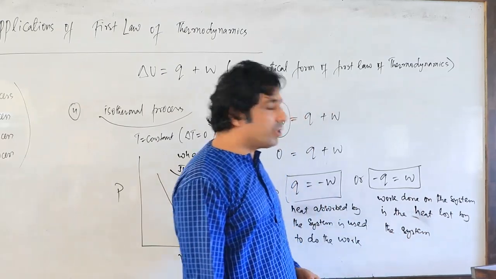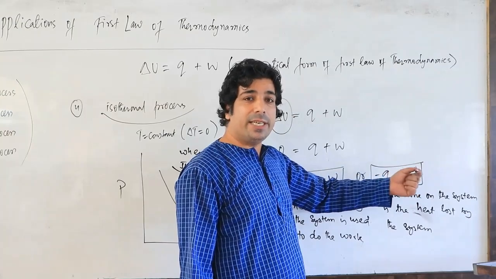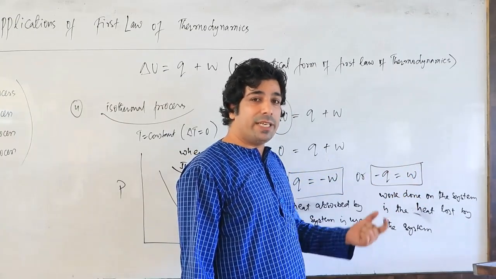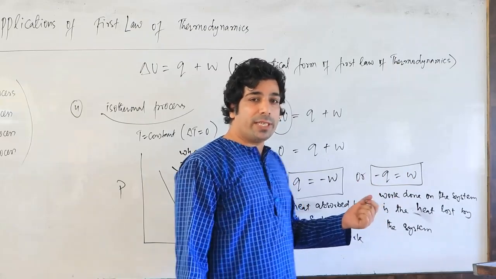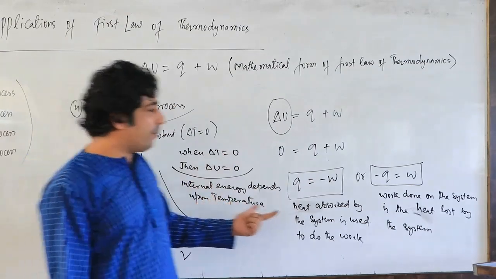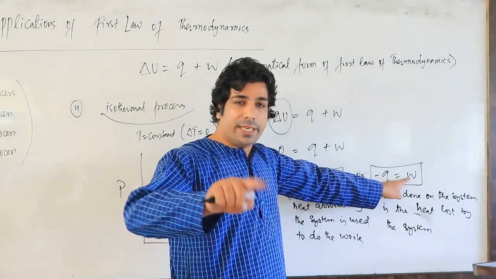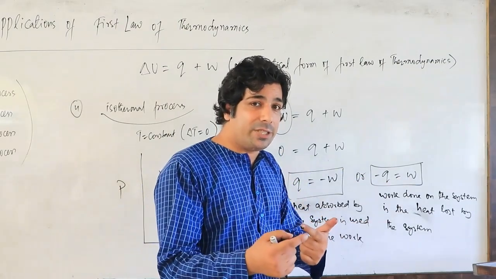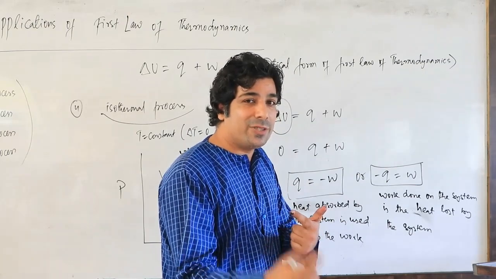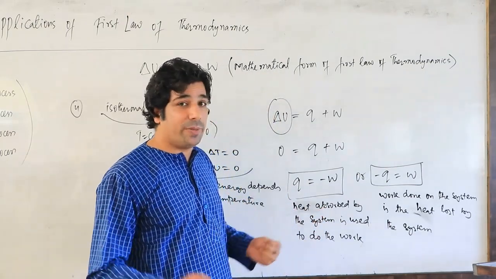Or I can also tell you that the work done on the system will increase the internal energy of the system, and then that increase in internal energy will increase the temperature. But we know that temperature in this process is constant. So when you are doing work on the system, internal energy will increase, but that increase will be lost in the form of what? Heat. So the internal energy will remain constant, and temperature will also remain constant.